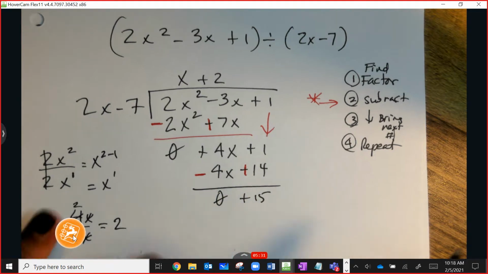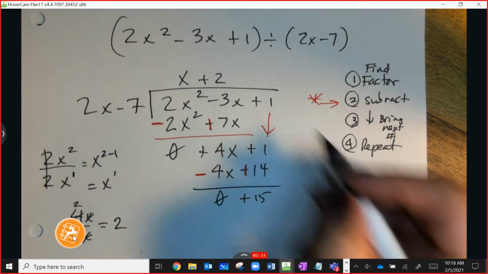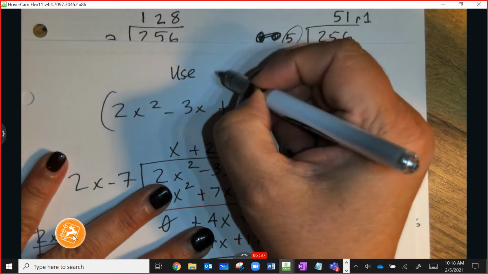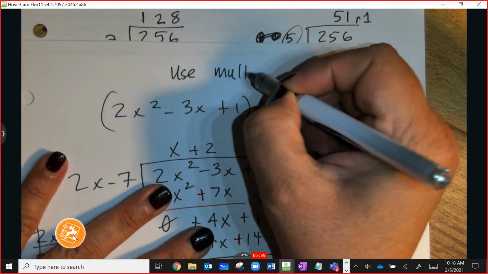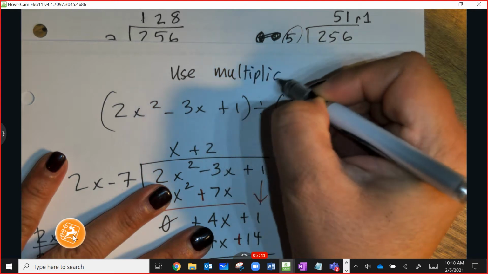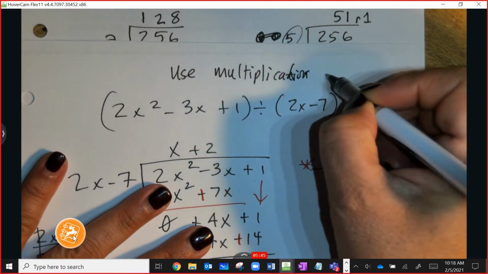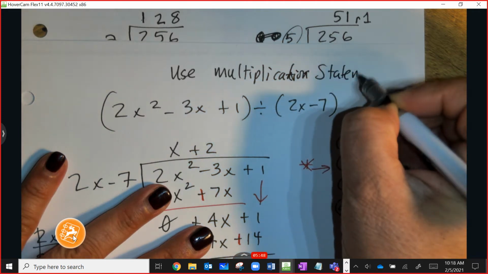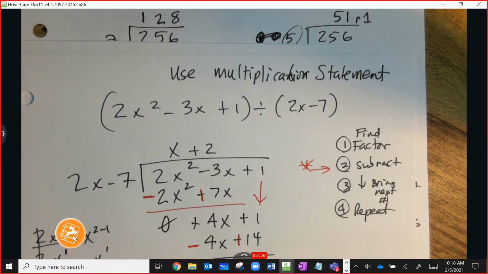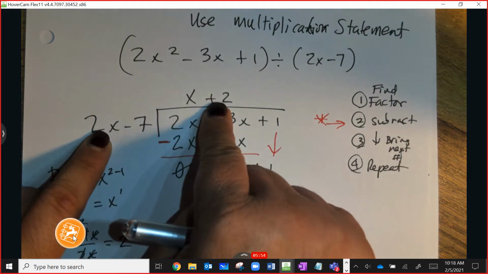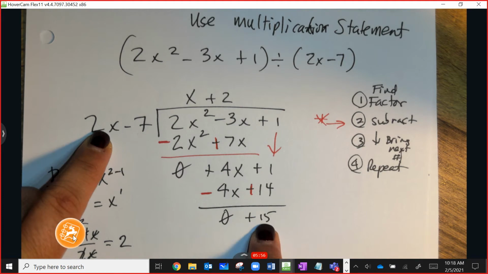So how do we write this? We have to put the answer in multiplication statement. So what you do is they want this times this plus that.